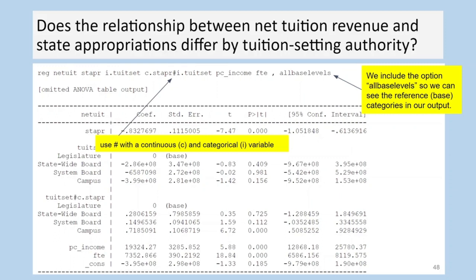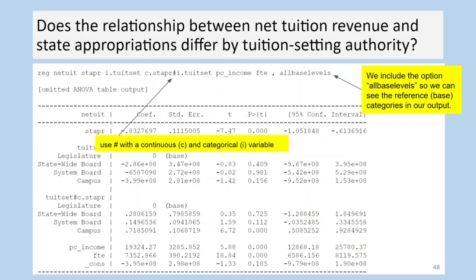Okay. So in this particular example, we have the option, all base levels, and it just makes it easier, particularly if you have, and I'll show you how to set up these labels for your variables and also your values, the coding that you use for the variables: 0, 1, 2, 3, 4 in the case of regional compacts or tuition setting authority. So when you do this, you have to establish a base reference group.